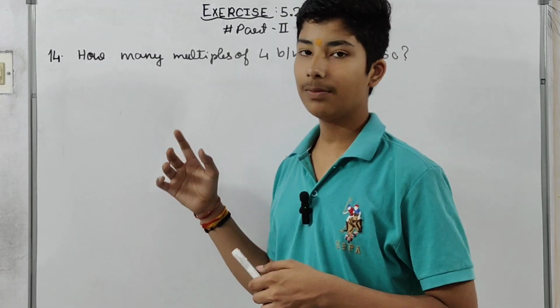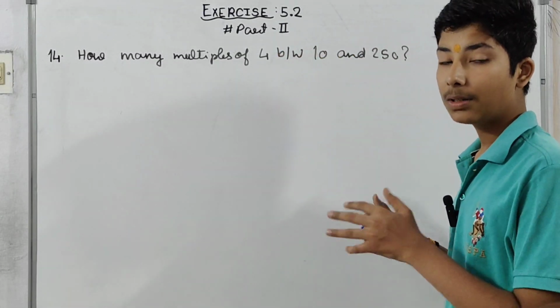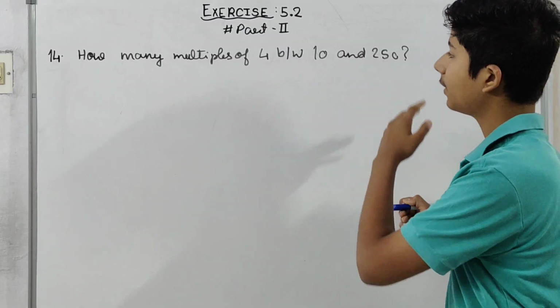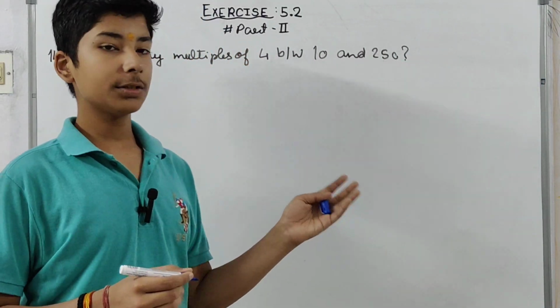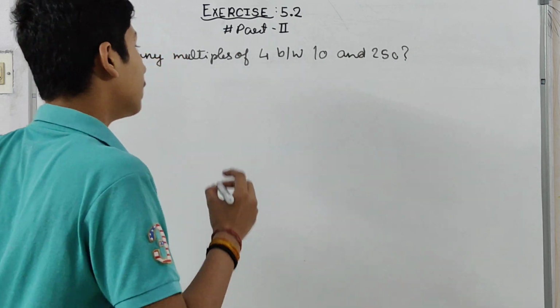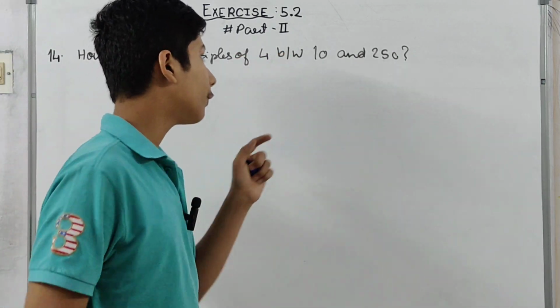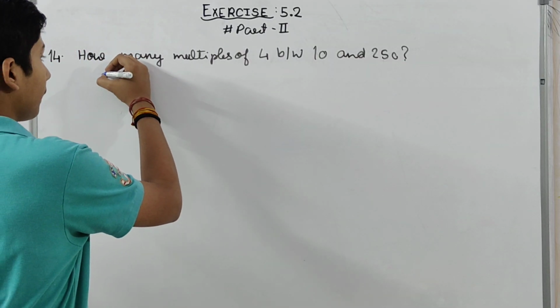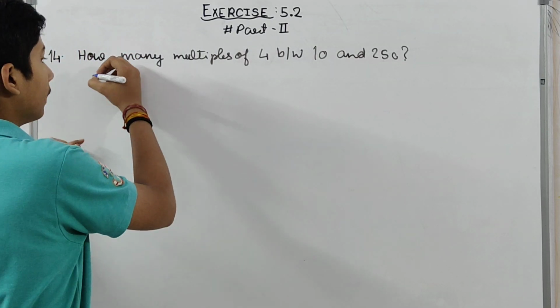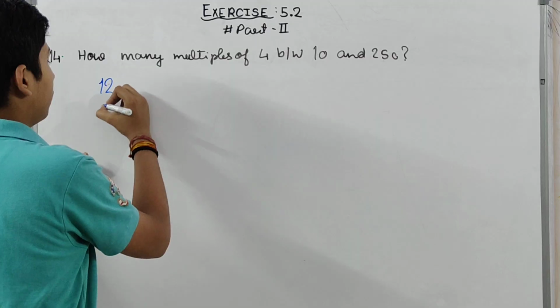In this question we have to tell how many multiples of 4 are there between 10 and 250. So it's the same question, just the values are different. The smallest multiple of 4 between 10 and 250 is obviously 12.